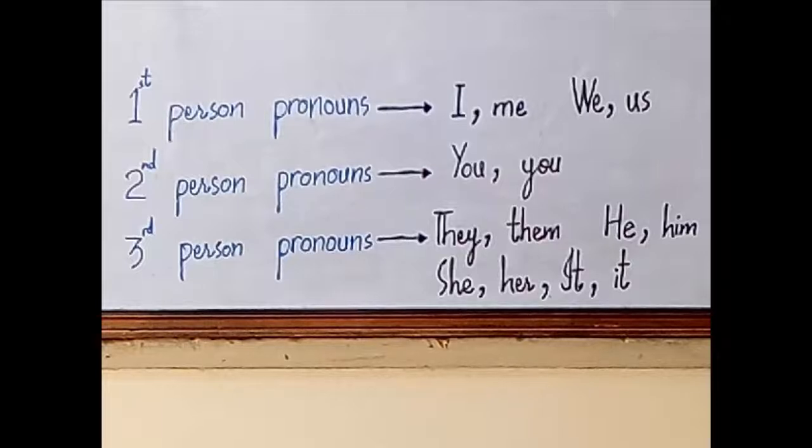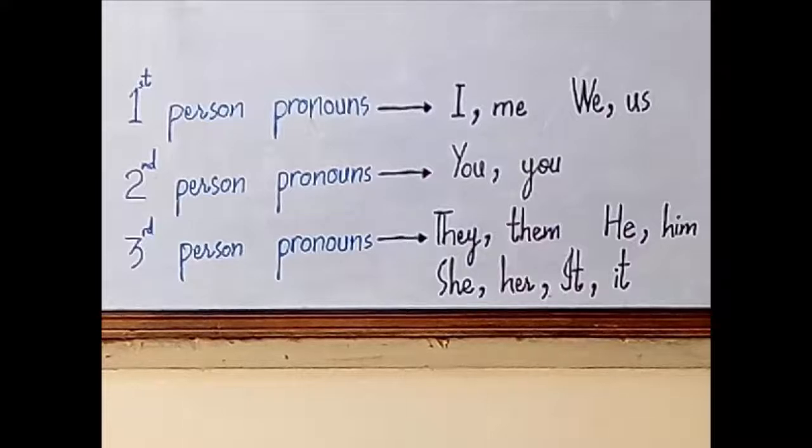We have 7 personal pronouns: I, we, you, they, he, she and it. These 7 personal pronouns are divided into 3 persons. You can look at your board. In first person pronouns, we include I and we. I as subject, me as object, we as subject and us as object.